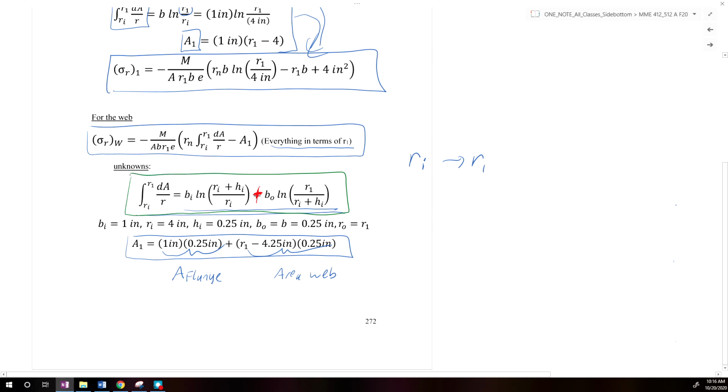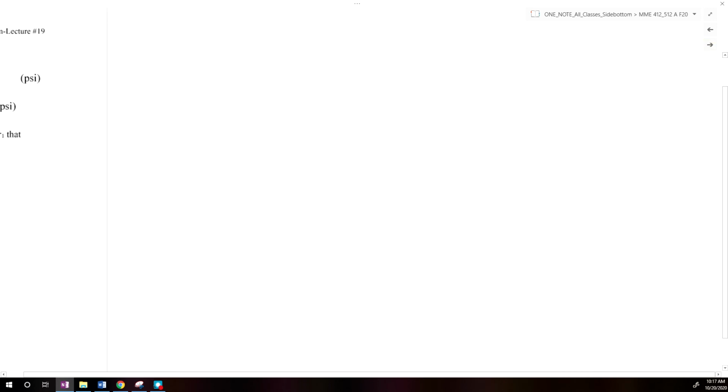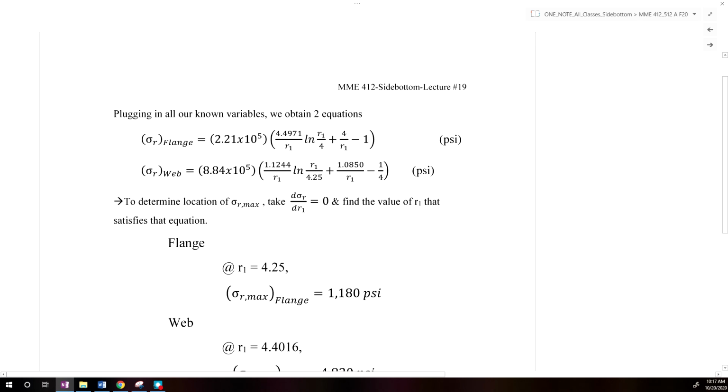After we plug everything in, we'll end up getting two equations, one for the flange and one for the web, for our radial stresses. As you can see, these are only functions of R1, and all the terms are in base units, so if we evaluate these, we'll get everything in terms of just psi.